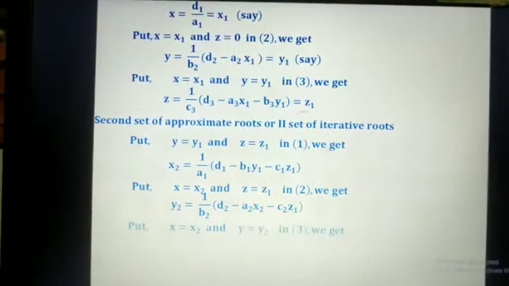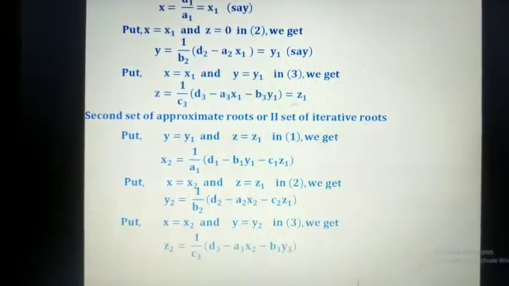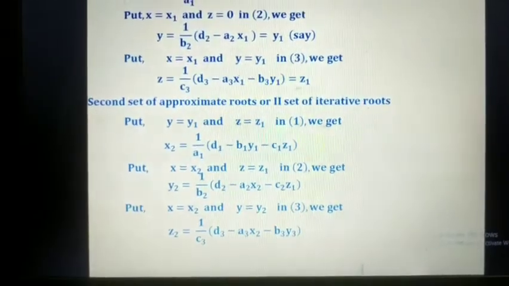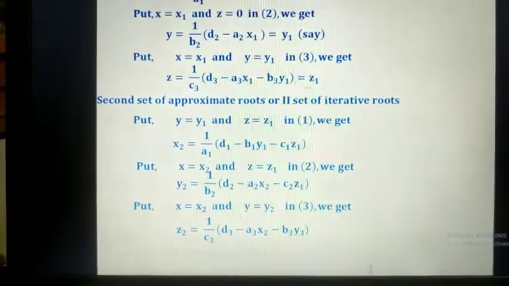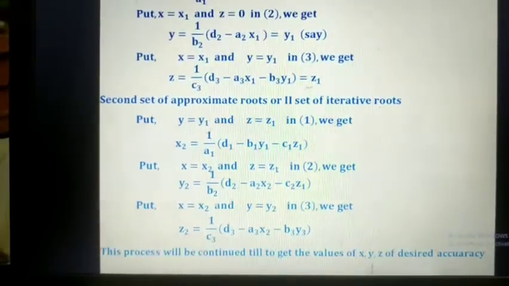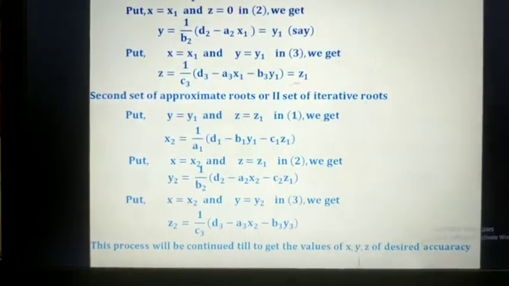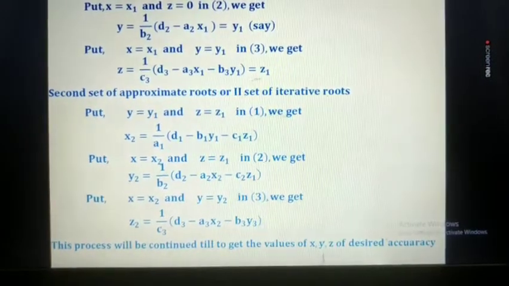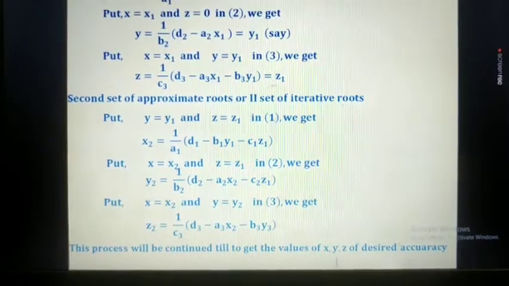Now put x equal to x2 and y equal to y2 in equation number 3, we get z2 equal to 1 divided by c3 into bracket d3 minus a3x2 minus b3y2. So x2, y2, z2 are the second iterative roots. This process will be continued till we get the values of x, y, z to the desired accuracy. So this is the Gauss-Seidel iteration method.